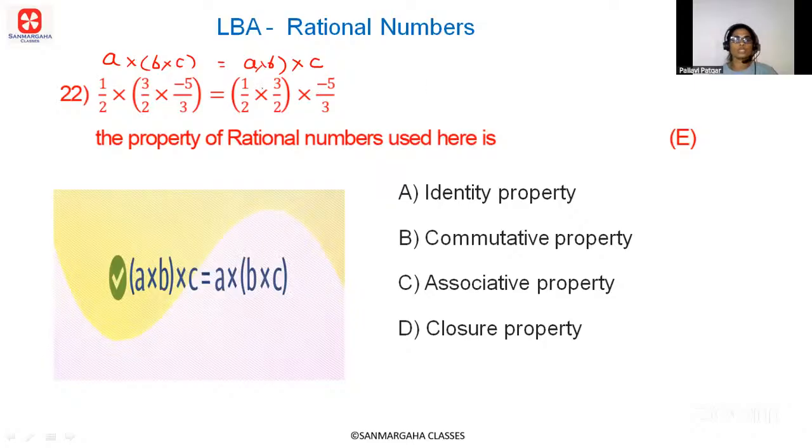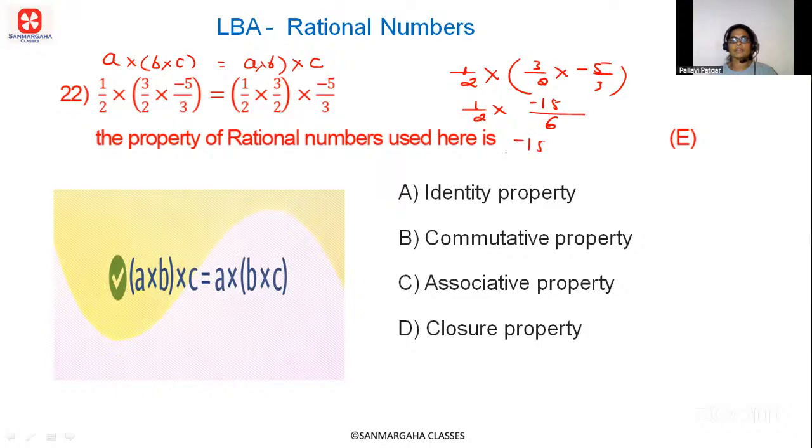Look at 1 by 2 into 3 by 2 into minus 5 by 3. Multiplying the numerators, 5 3s are 15, minus, 3 2s are 6, so minus 15 divided by 12.